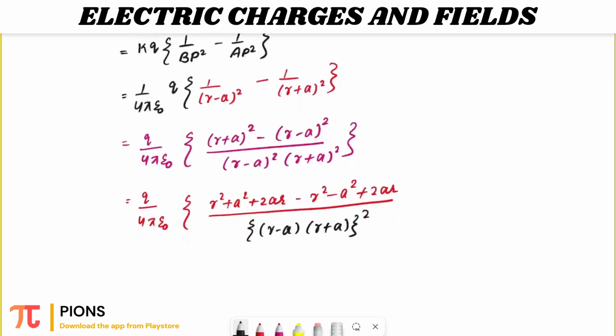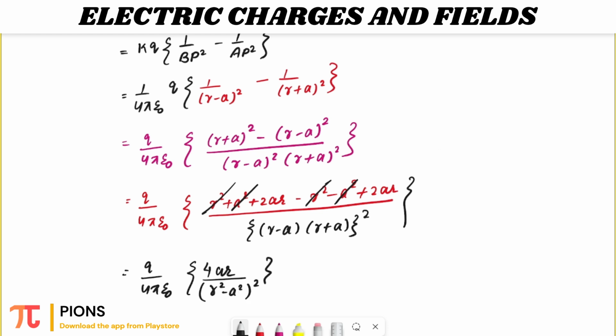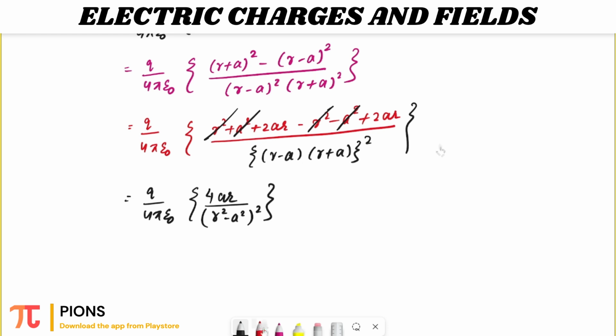So let's simplify it further. It will be Q over 4 pi epsilon naught, and let's cancel out R square with R square, A square with A square. We are left with 4AR upon R square minus A square whole square. And 4AR can be split as 2 into 2AR upon R square minus A square.